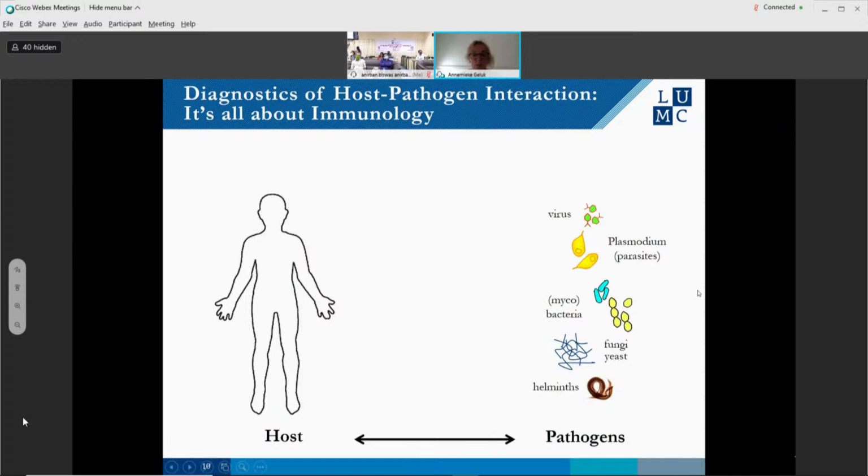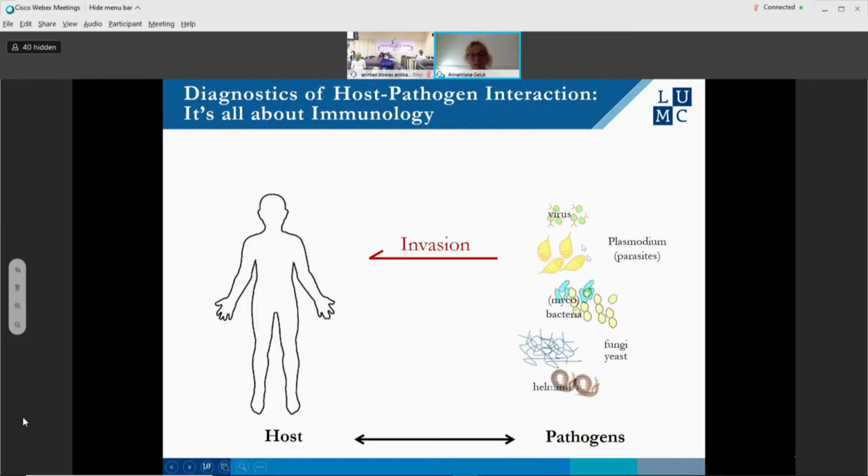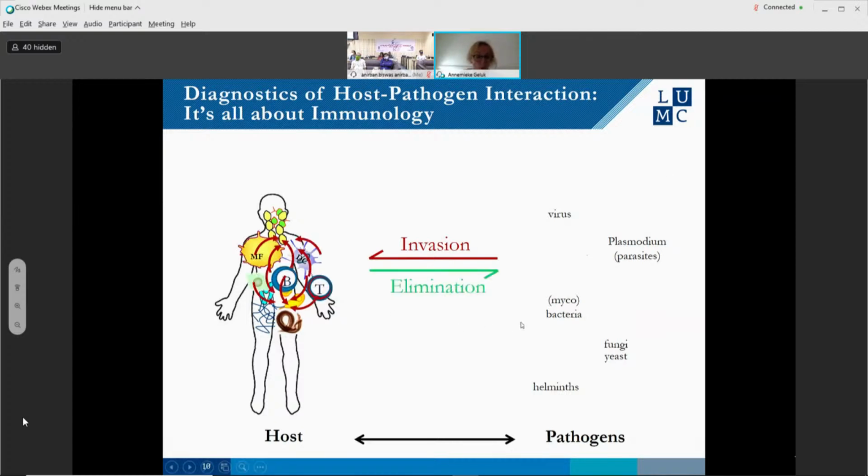I hope this works. So what we are aiming at is to identify biomarkers that are based on immunology, because if you get infected by either a virus or a bacteria, mycobacteria, also fungi or helminths, then the invasion brings about a reaction, and the response is focused at elimination of the pathogens.